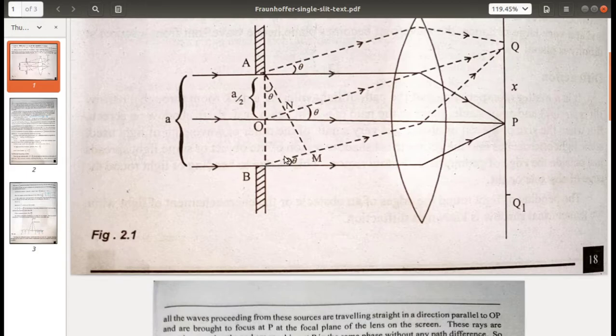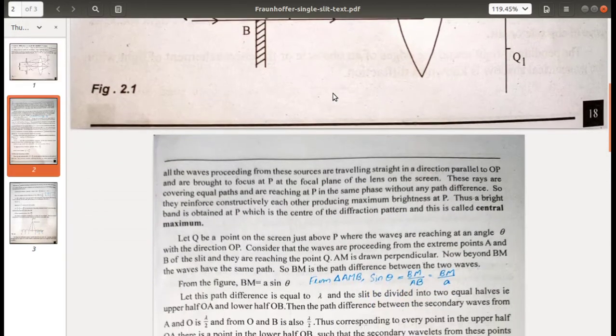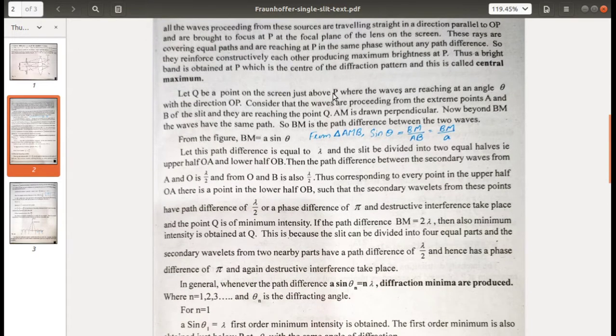Beyond this line BM, from this point onwards, the path traveled by these rays is the same. Only this much distance is the extra distance traveled by this ray compared to this ray. Remember the previous situation which we discussed in Young's double slit. It is exactly similar to that.